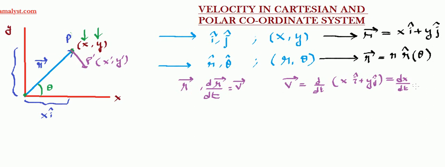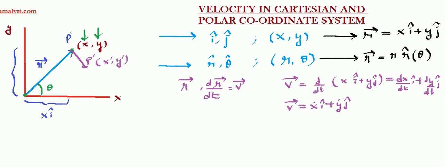and this is in the i cap direction, and I'm going to have dy divided by dt in the j cap direction. This is in short written as velocity vector v equals x dot in the i cap direction, plus y dot in the j cap direction.